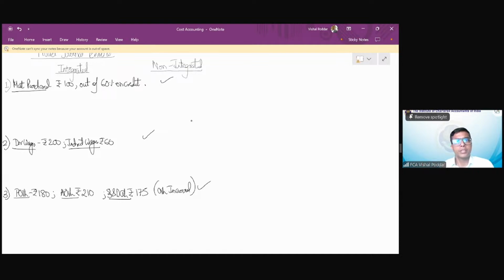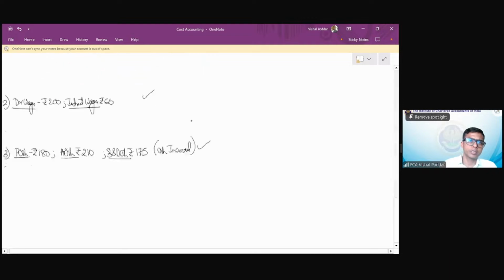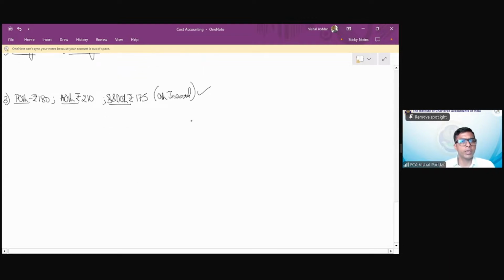Now, since we are doing cost accounting, we also want to charge these expenses. In cost accounting, we charge the expenses to our products. Now, for this, the transaction that would be given is material consumed, or they will say material issued for production.